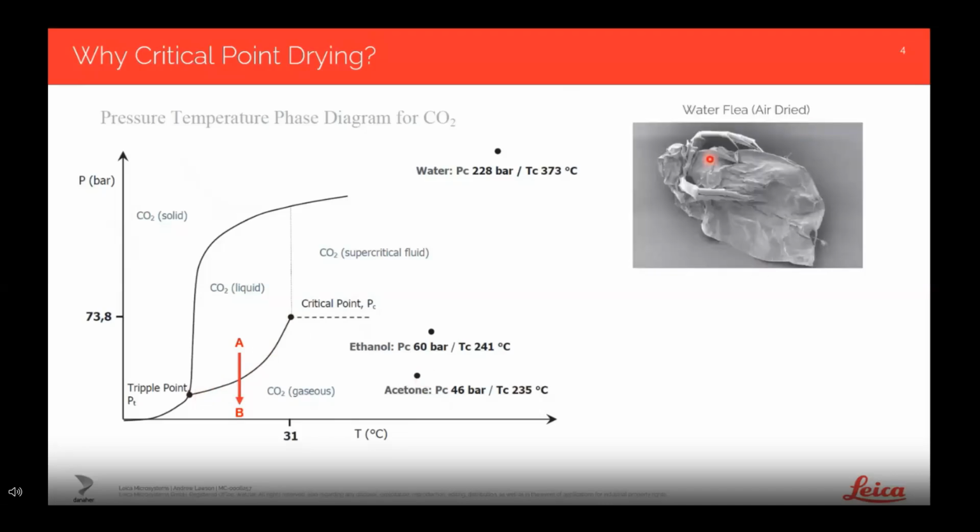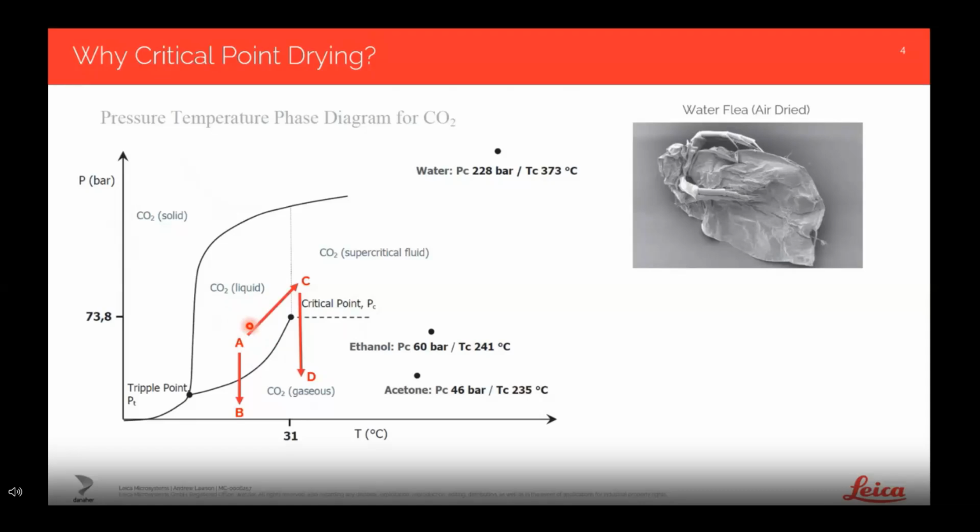And so when we air dry a sample directly, crossing that phase transformation line, we will typically get a volume change, and that will negatively impact the structure of our sample, as shown by the water flea that's been air dried here.